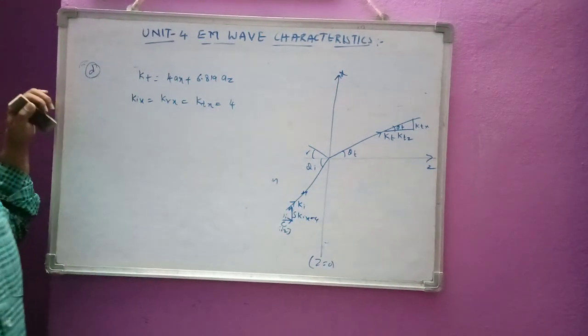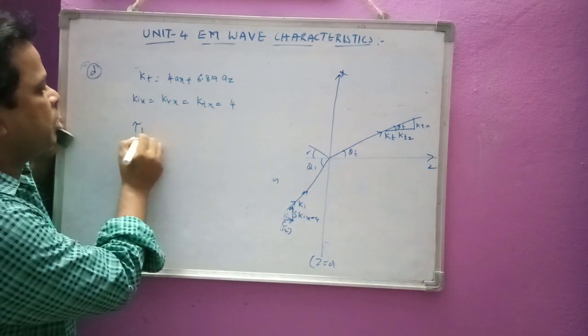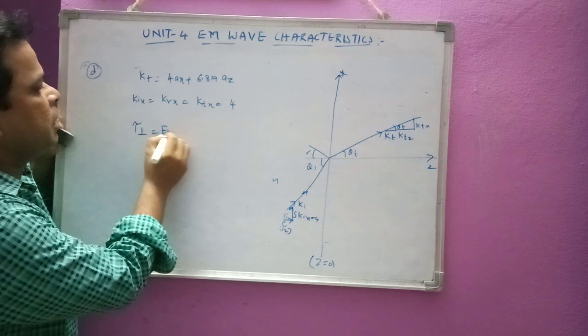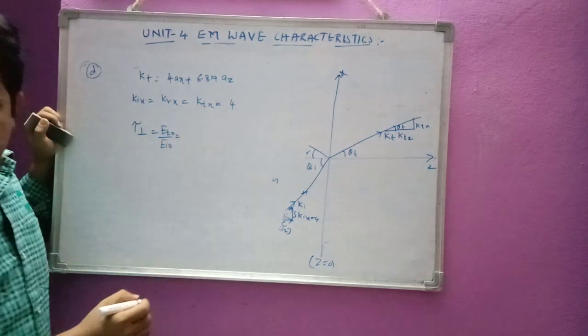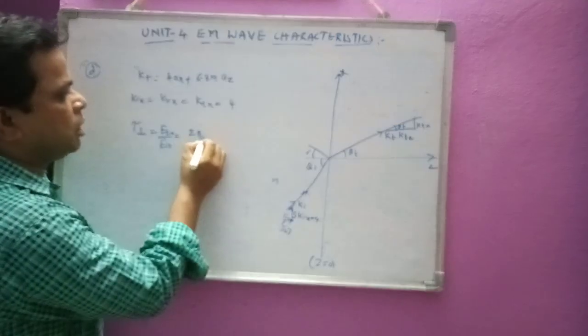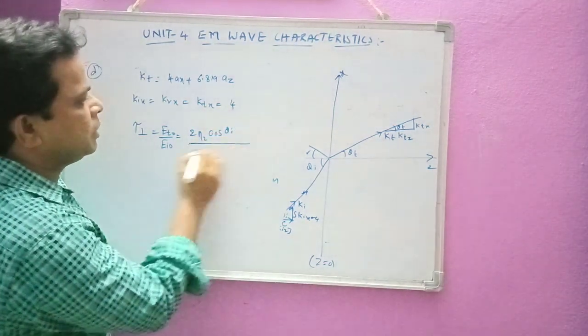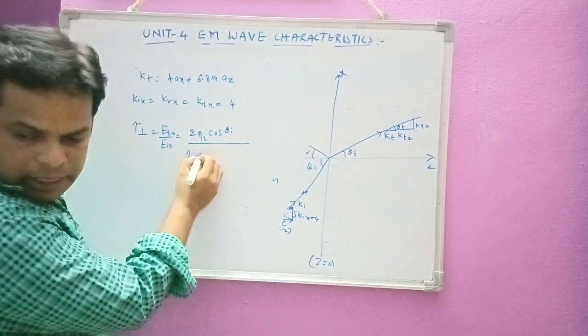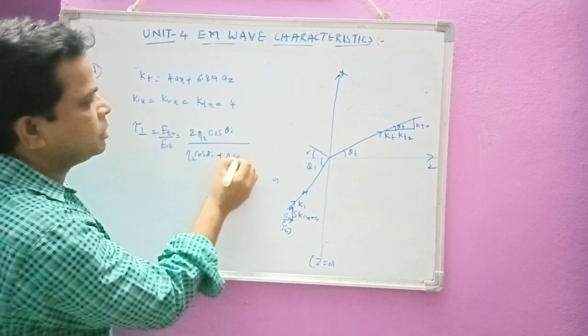Now we have to go for the transmission coefficient tau perpendicular as Et naught by Ei naught, because we need to find this Et naught here. Already we know the formula here: 2 eta 2 cos theta I by eta 2 cos theta I plus eta 1 cos theta t.